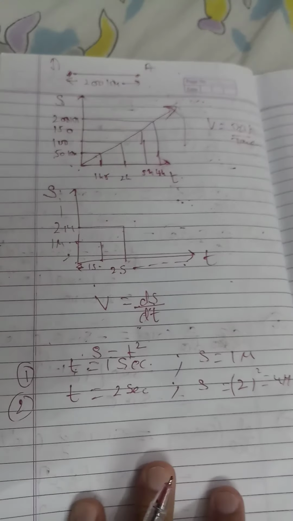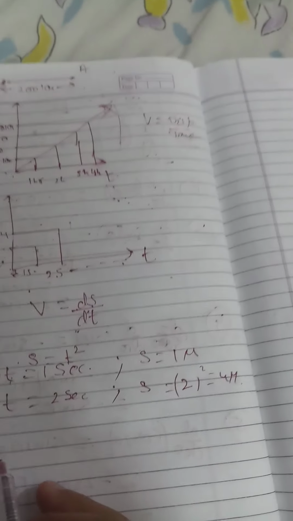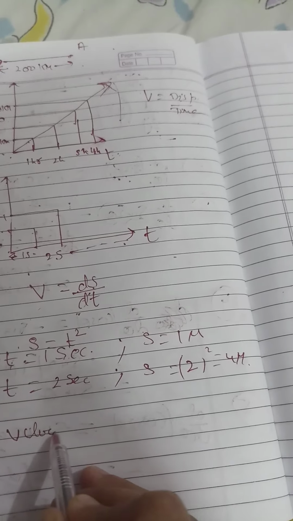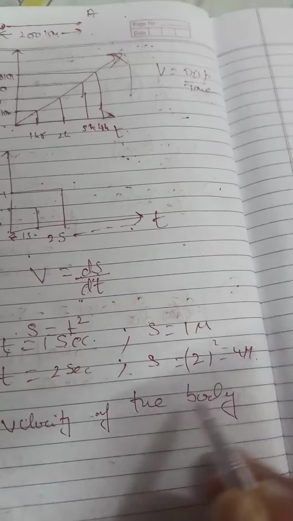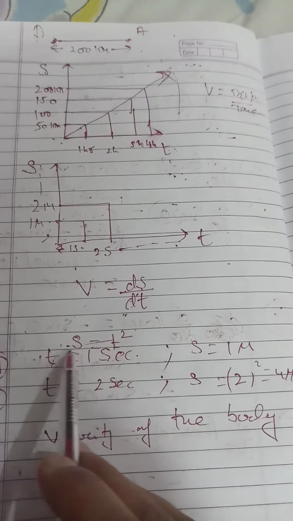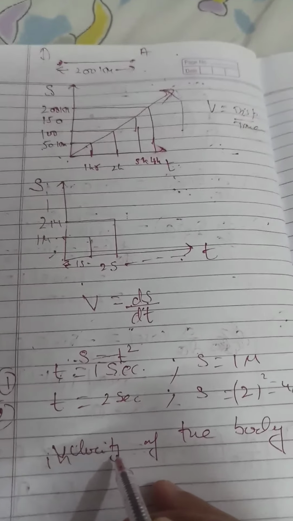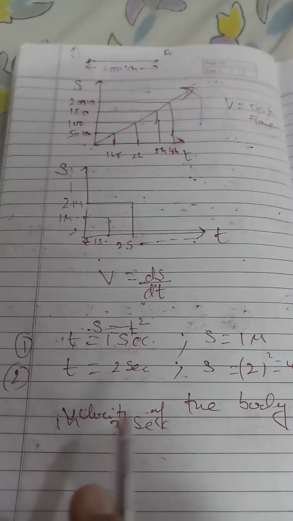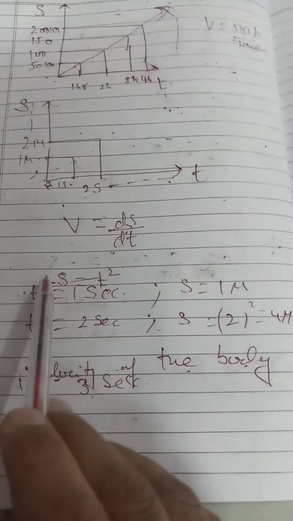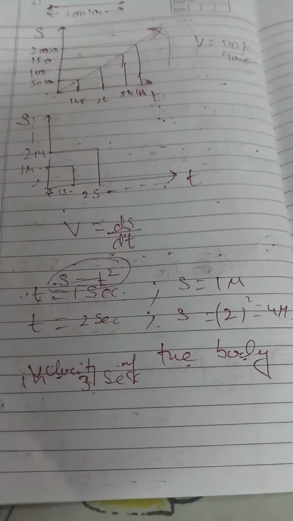Now if I want to find the velocity of the body which is following this relation s is equal to t square in 3 seconds, how do you calculate? We are finding velocity of the body in 3 seconds, and the body is following this mathematical expression.